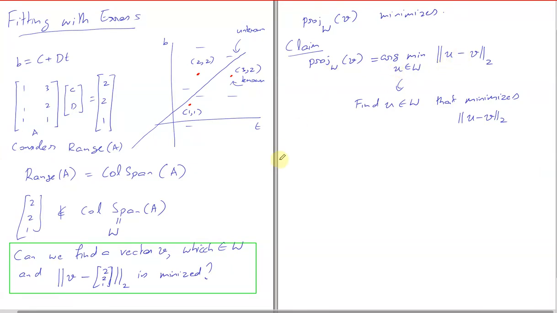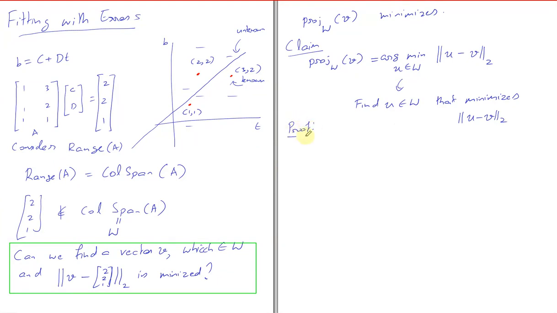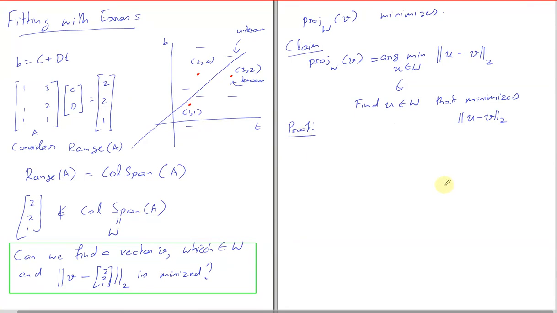So how do you prove this? Any ideas? Let's say you have some subspace W. Let's consider the two-dimensional R2 case.